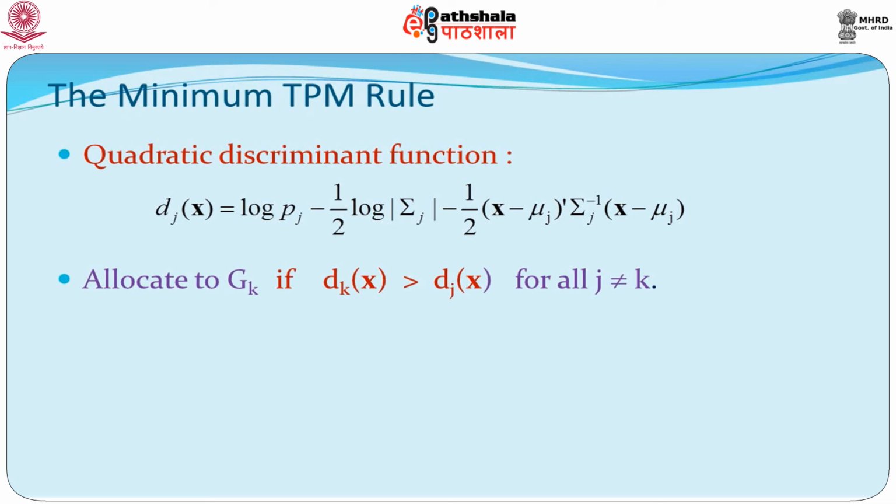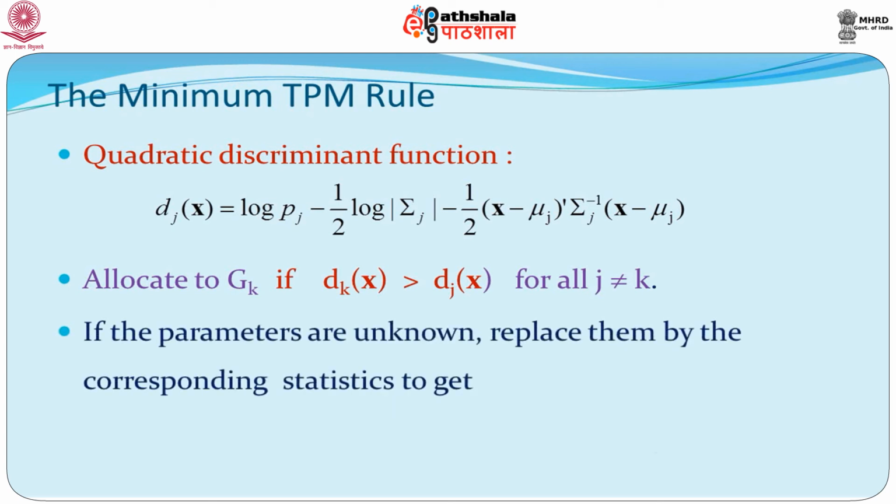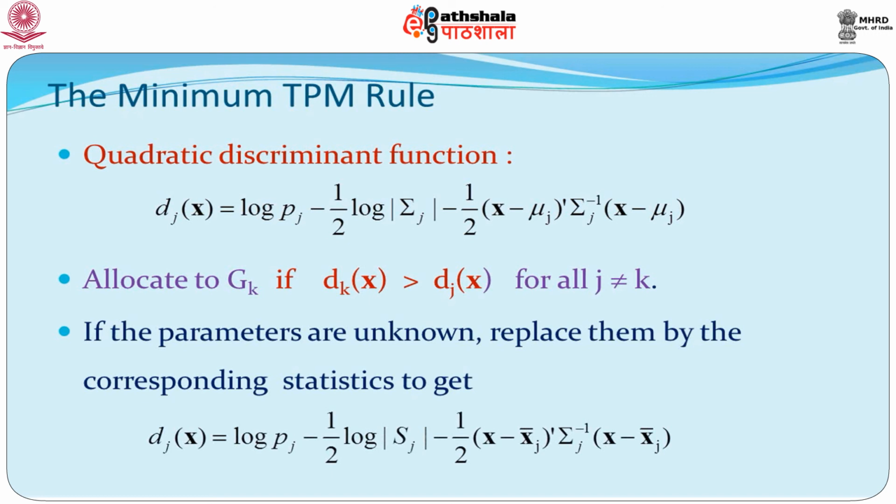That would be the minimum TPM rule. If the parameters are unknown, we replace them by the corresponding statistics, the sample mean and the sample variance covariance matrix, in the d_j(x) function.